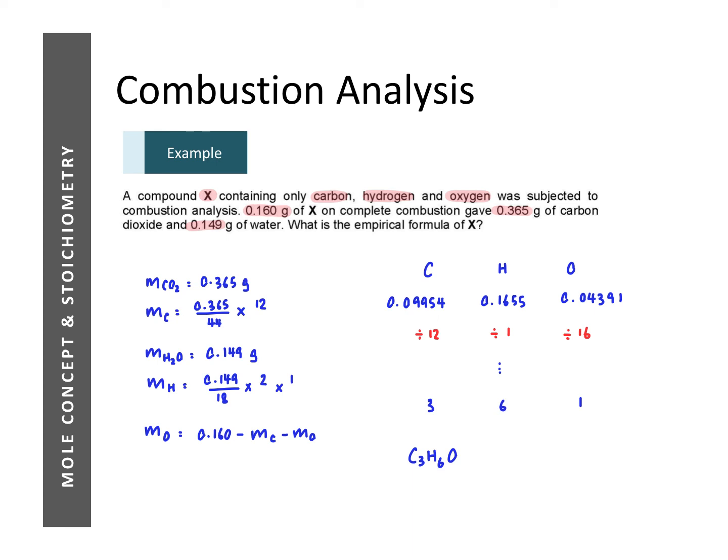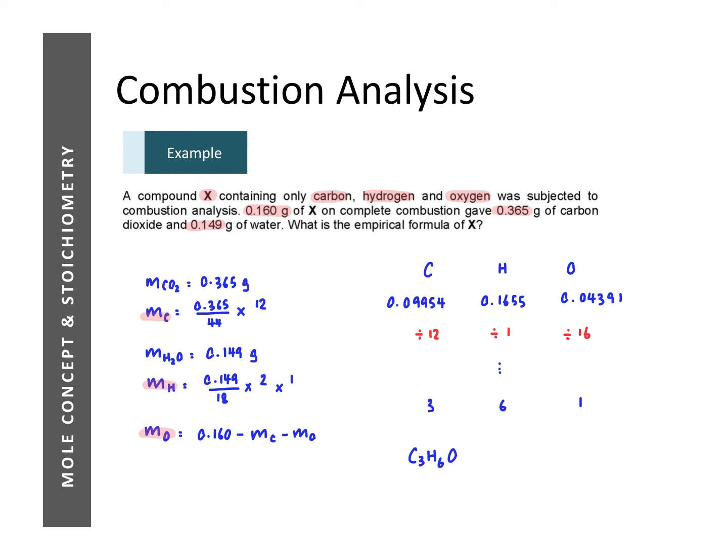Step number 2 is to find the mass of carbon given your mass of carbon dioxide. We convert the mass of carbon dioxide to number of moles, which is equal to the number of moles of carbon, and then multiply by the molar mass of carbon to find the mass of carbon in the organic compound. Next, we find the mass of hydrogen given the mass of water, and then we find the mass of oxygen by subtracting the mass of carbon and hydrogen from that of the organic compound.